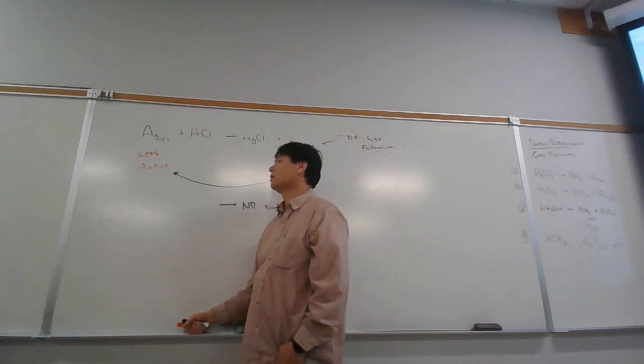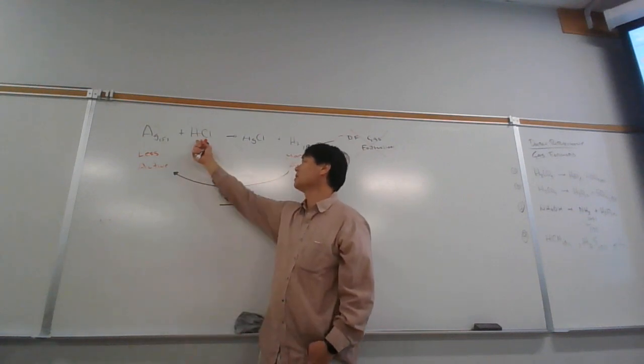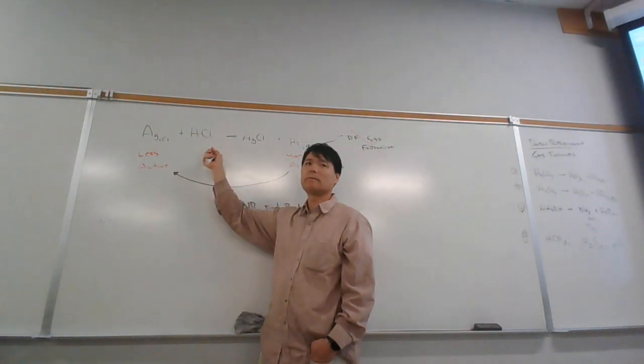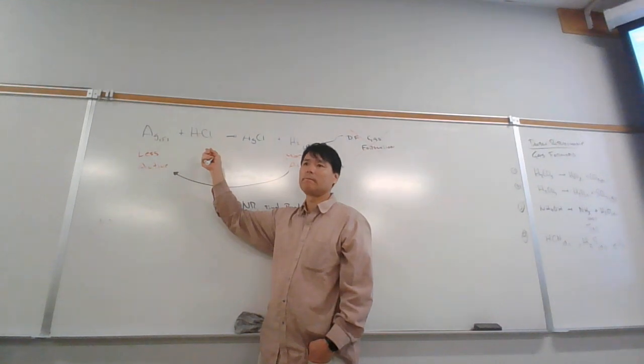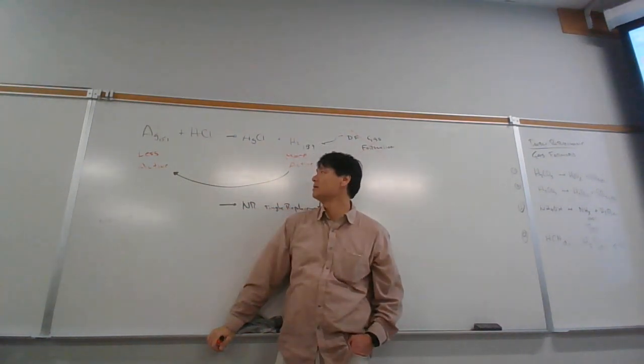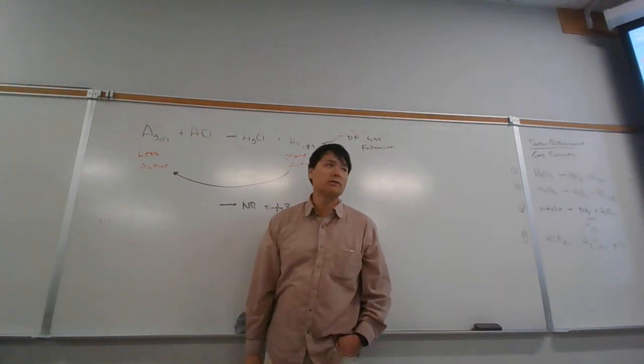So one thing we got to worry about is maybe hydrogen ion isn't the best oxidizer present. Is chloride a good oxidizer? No, actually chloride isn't even on the oxidizer side of the chart.